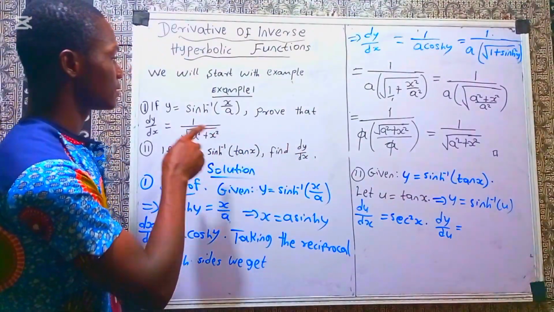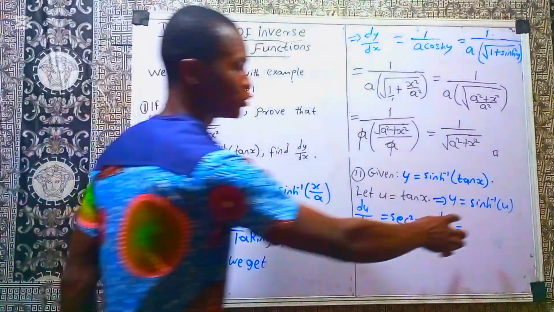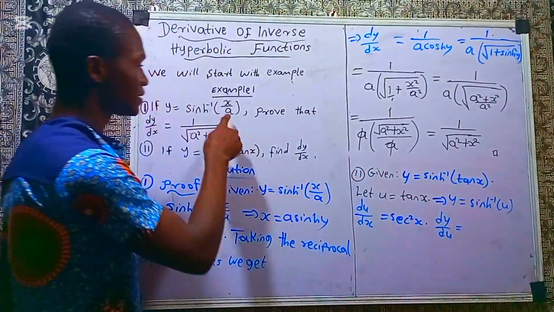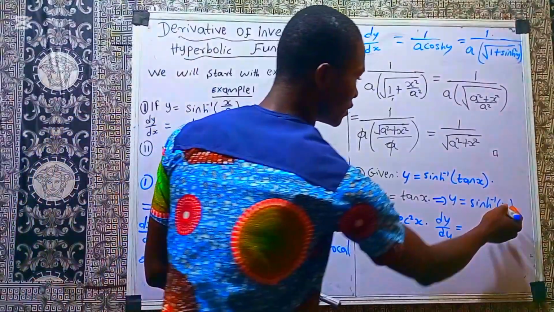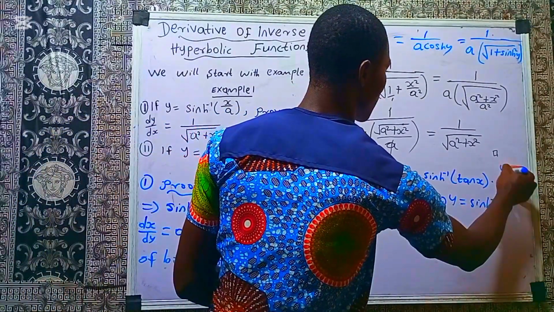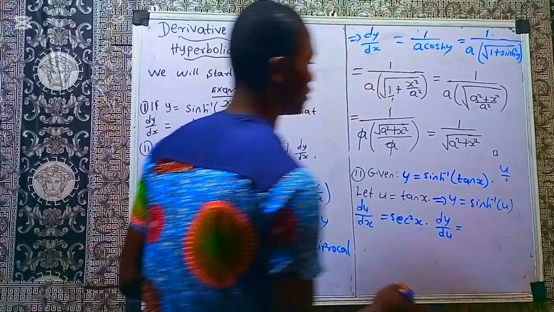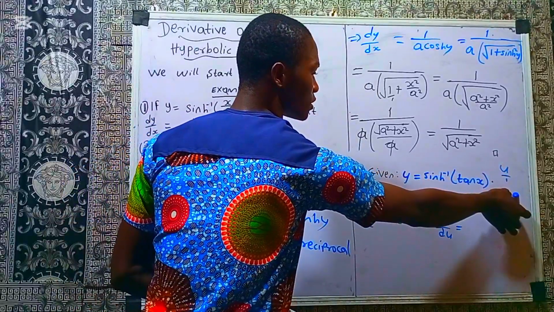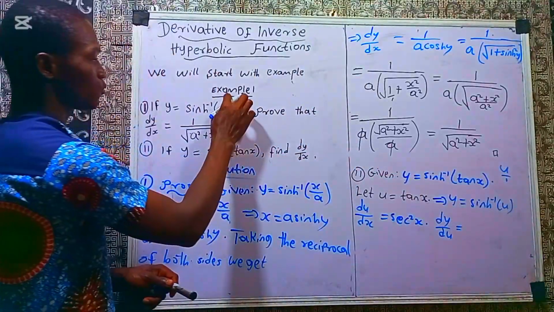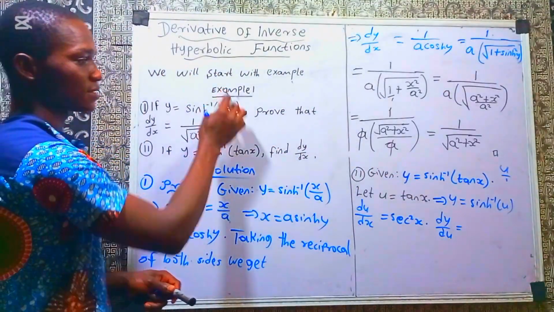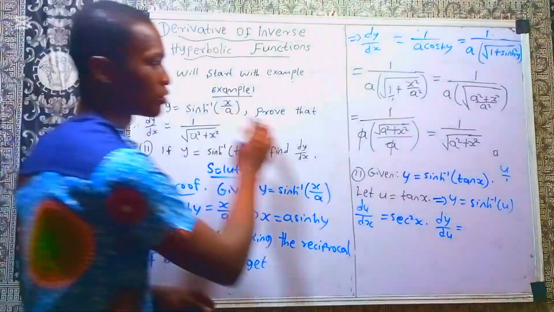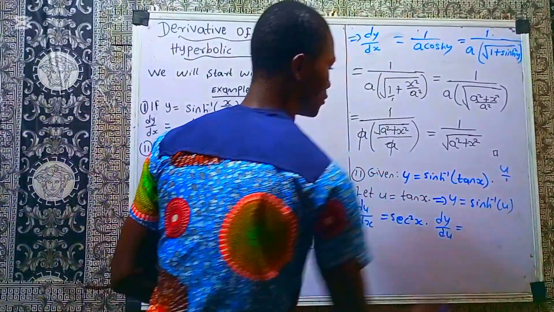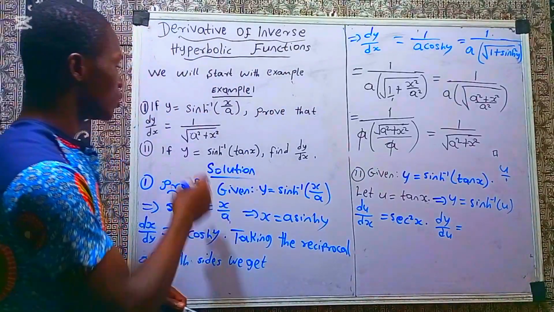So this x here is now our u. And this a here is what is the denominator. What is the denominator of u? u is same as u over 1. So if you compare this quantity inside here and this quantity inside here, you notice that x is your u. This a at denominator is your what? Is 1. Because u is same as u over 1.